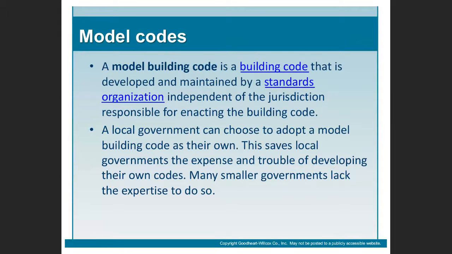We looked at model building codes. Remember the I codes, the IRC or the IBC. Those are developed by a national standards making organization, because most units of government don't have the ability or the resources to develop their own building codes. They tend to adopt these model building codes.